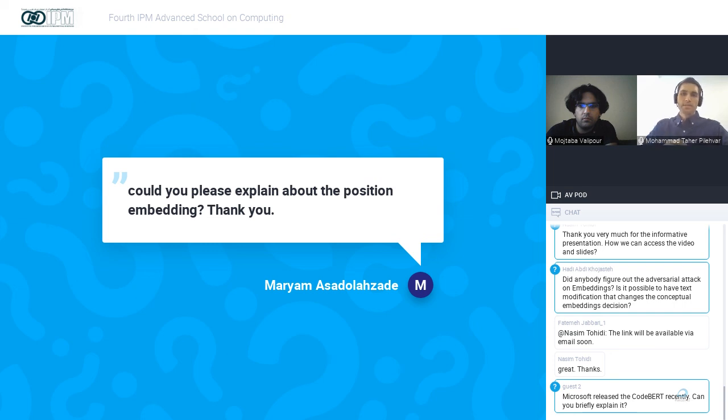So positional embedding is some sort of a mathematical, automatically generated embedding that you add to the input words in order to make the model understand the relative positioning of words in the sentence or to make it sensitive to the order, if I just want to make it brief. Yeah, thank you.